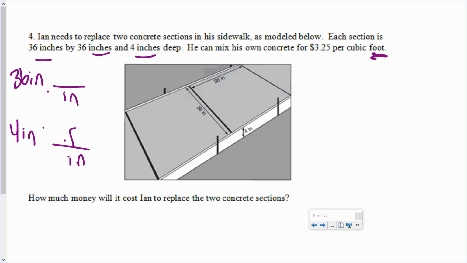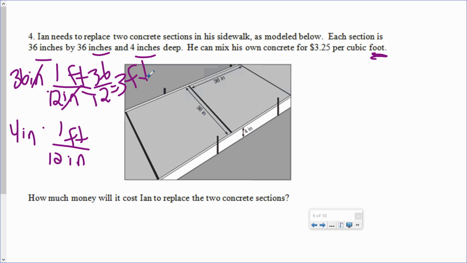I'm converting inches to feet. You're expected to know this conversion. There's 12 inches in 1 foot. Inches cancel. I have 36 over 12, which is 3 feet. Here I have 4 over 12, which I'll leave as 1/3 feet. So I'm going to replace those with the feet.